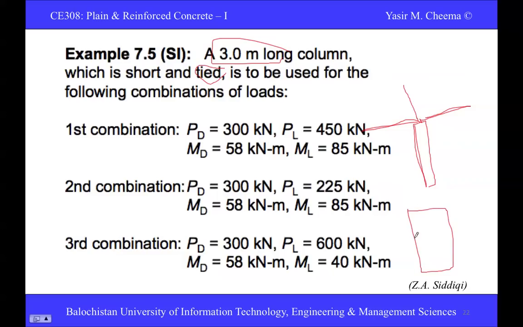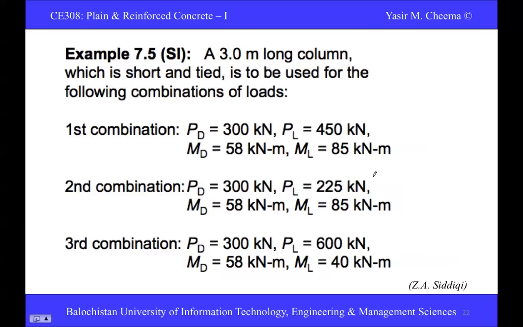If a column is here on the side, it may experience three kinds of loads, three beams, one from here, other from here, and the third one from here. Similarly, a column at the corner experiences two loads, two beams supporting, one from here and one here. So in this case, our column is to support three kinds of combinations.